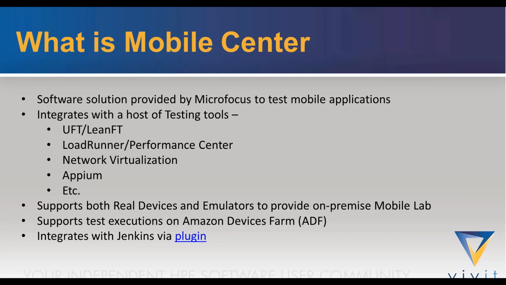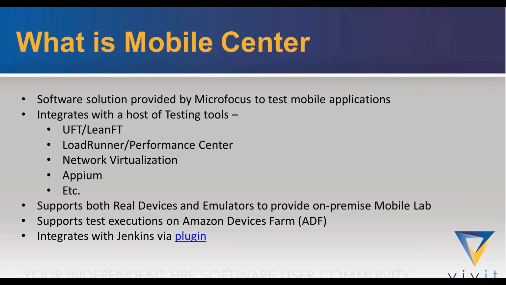So we can have an on-prem lab setup where we have a collection of Android and iOS devices, and it also works with the cloud, where we can connect to Amazon Device Farm, get devices from the cloud, and execute your tests there too.